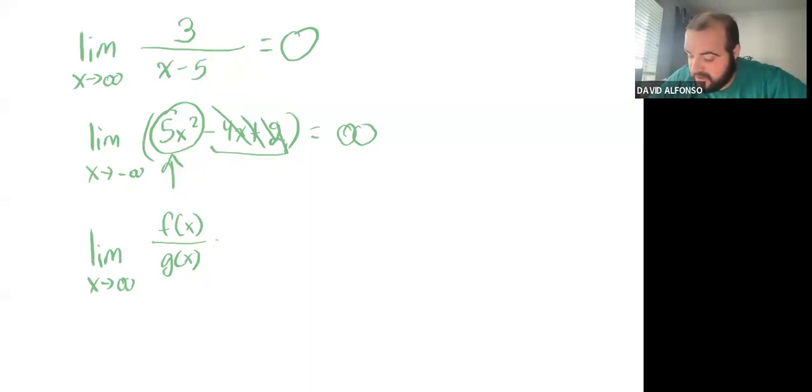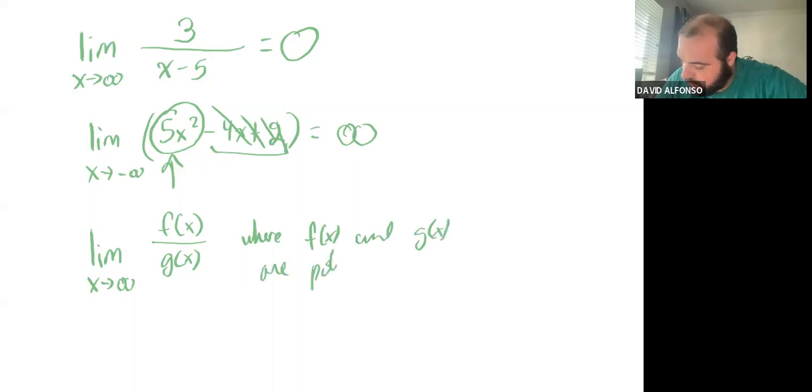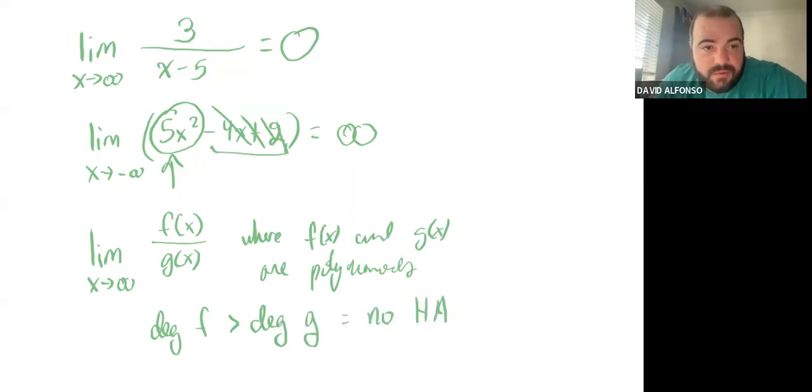So I'll say here, where f of x and g of x are polynomials. If the degree of f is greater than the degree of the denominator, there's no horizontal asymptote. So the answer would either be positive infinity or negative infinity.